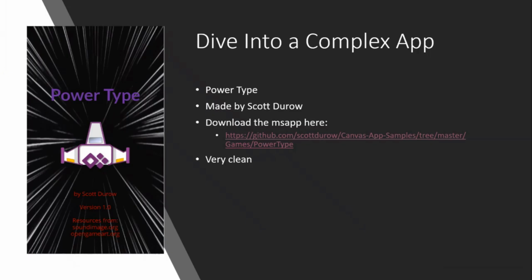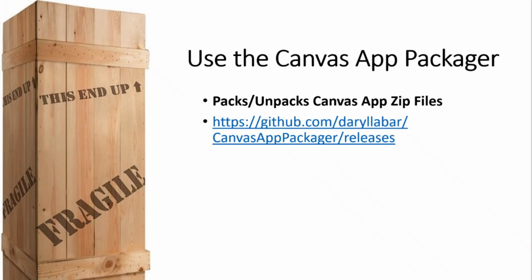But let's take a look at the first thing I want to show off. First thing I want to say, and this is actually the biggest thing as well. If you are dealing with a large Canvas app, you're going to be dealing with a lot of issues that revolve around having a low-code tool that has lots of code in it, but not the tools to maintain that, if that makes sense.